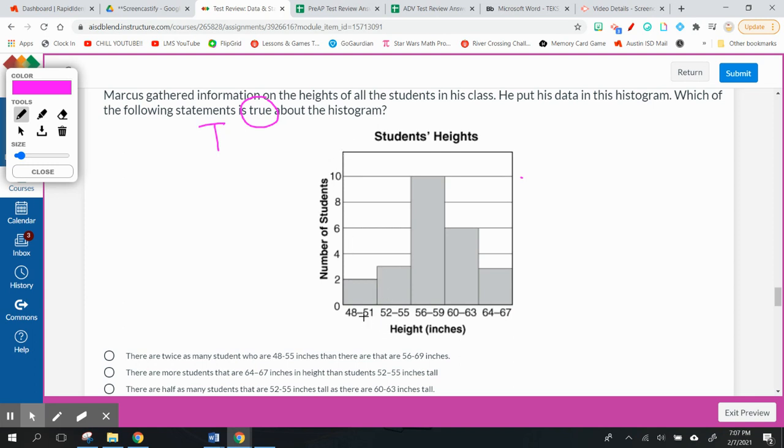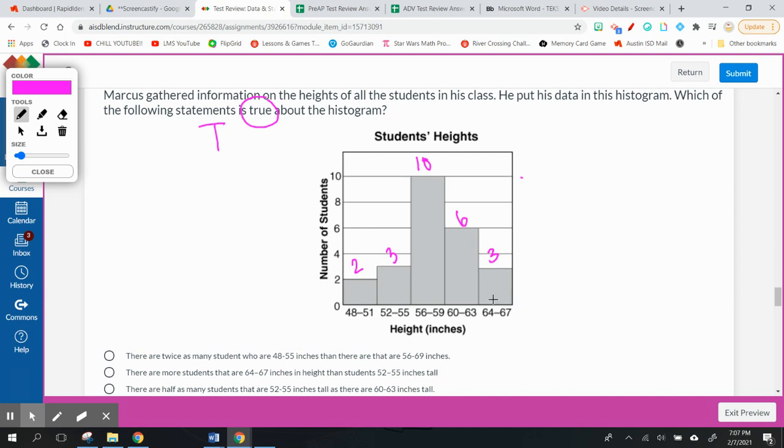Heights. So we have 48 to 51. That's 2 people. Before we do anything, you guys, organize your graph a little. Right, 10 people that fit here. It looks like a weird 10. 6 people that fit here, and 3 people that fit there. Okay. Now remember, what's interesting about histograms is that we sometimes cannot pull specific data.